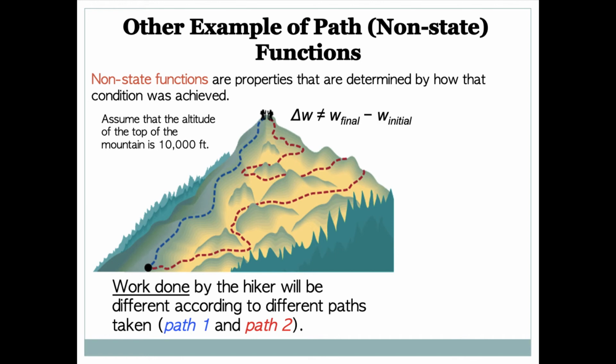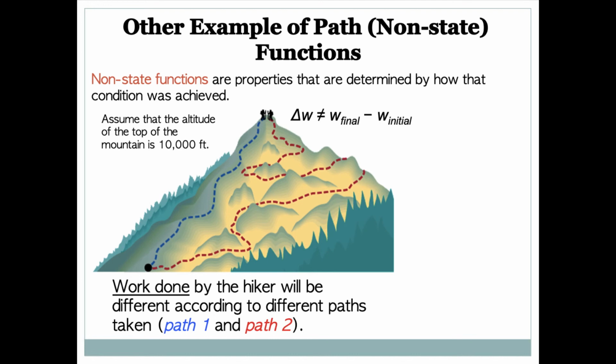Clearly, to calculate the value of non-state functions, you are going to need a lot of information, whereas to calculate the value of state functions, you are going to need less information. And that is always good, because if you need less information, that means you need to do fewer experiments.